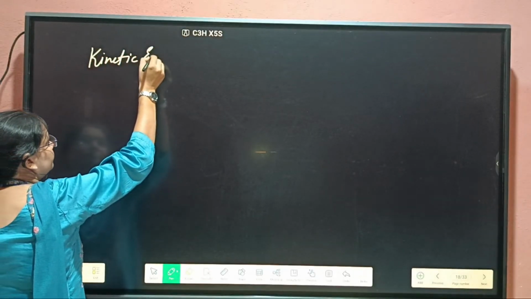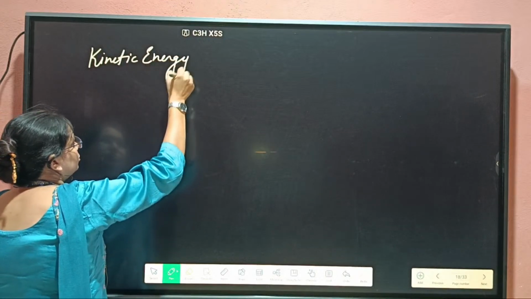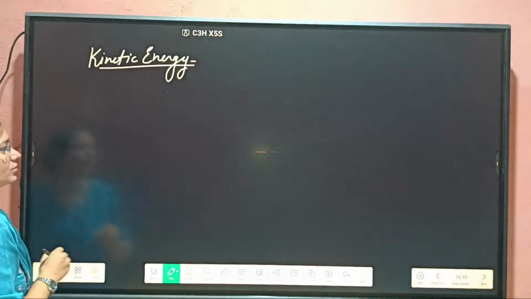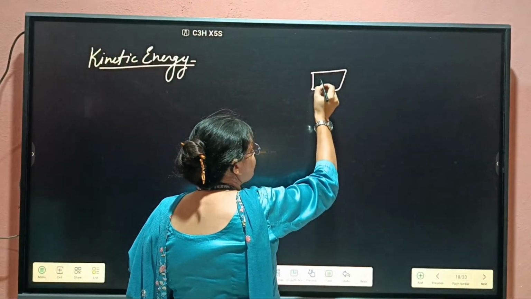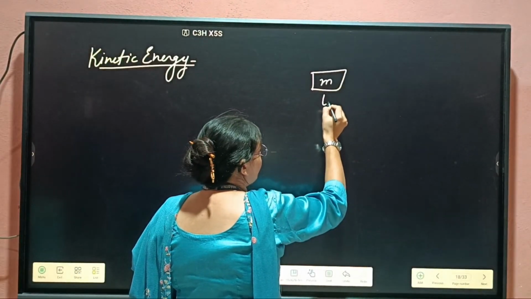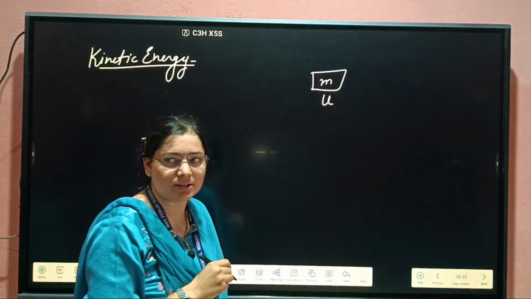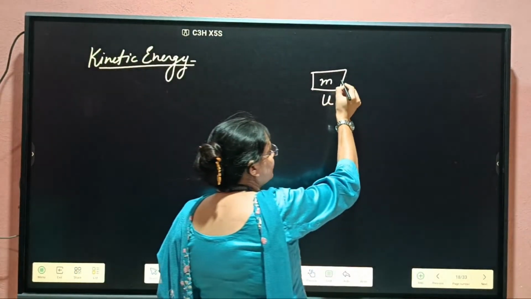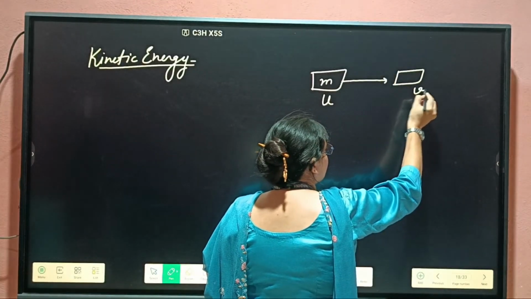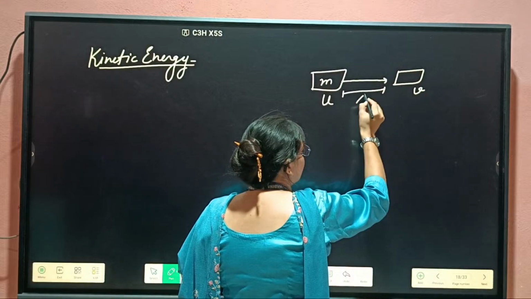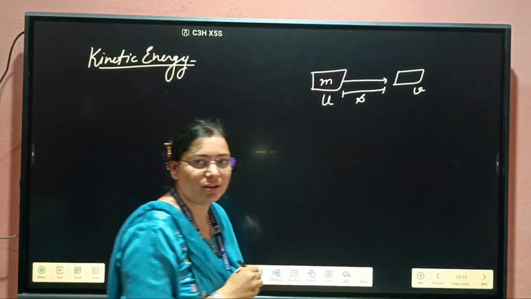Kinetic energy by using the calculus method. Let us take an object whose mass is m, initially moving with some velocity. After some time its velocity becomes v, and it is displaced from here to there, let the displacement be s.